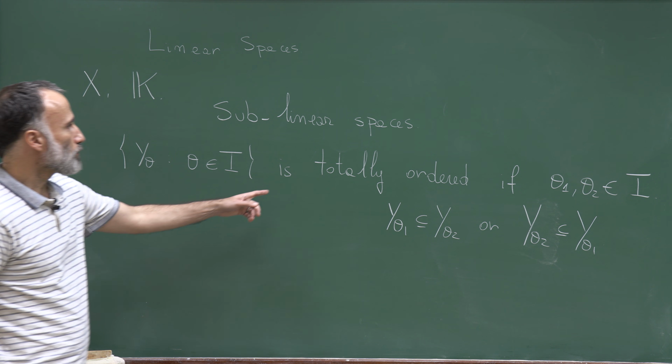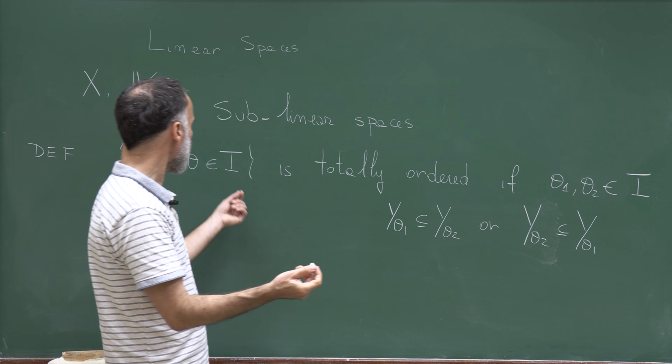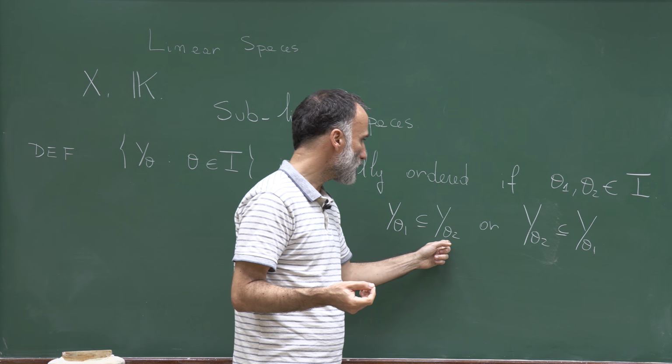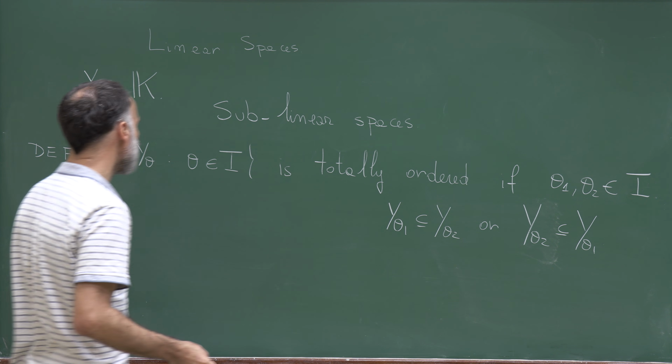Right, so it will be totally ordered if you take any two sets in your index set, and either one is contained in the other, or the other is contained in the first.